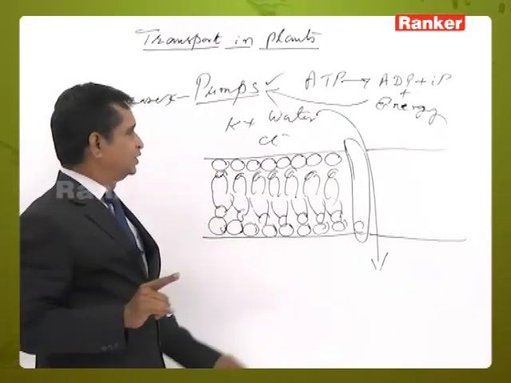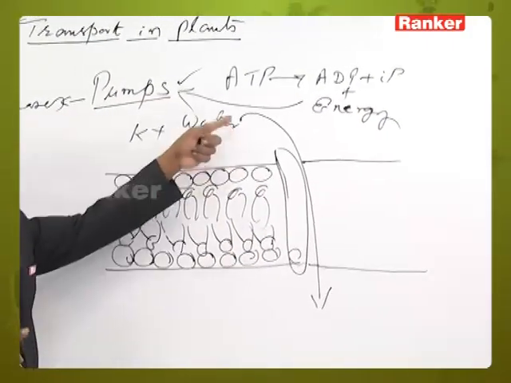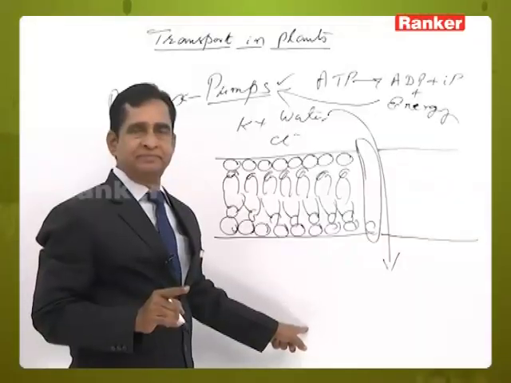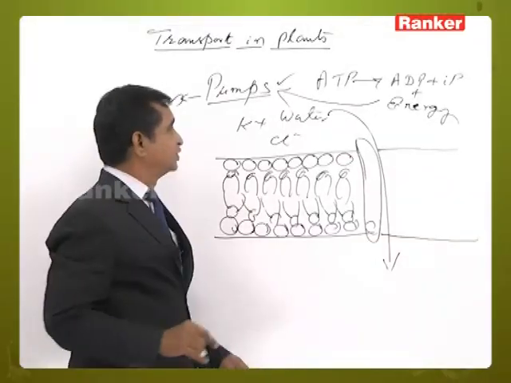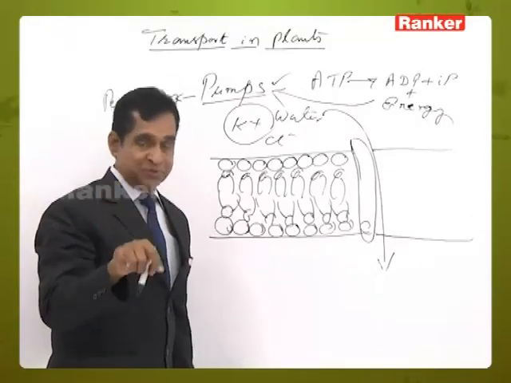For example, movement of hydrogen from inside to outside or from outside to inside, hydrogen pumps. For movement of potassium, potassium pumps.